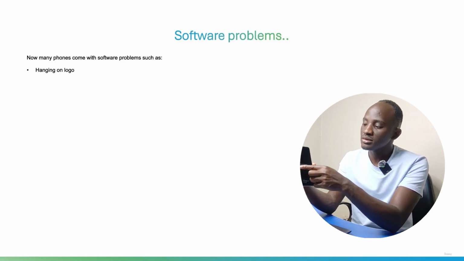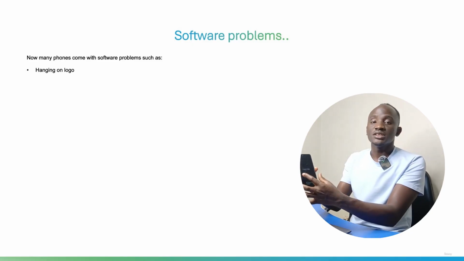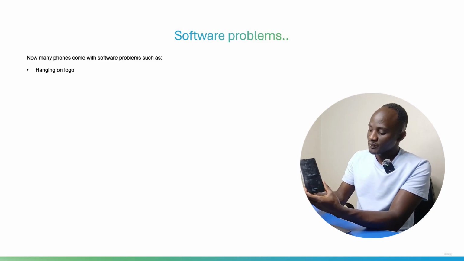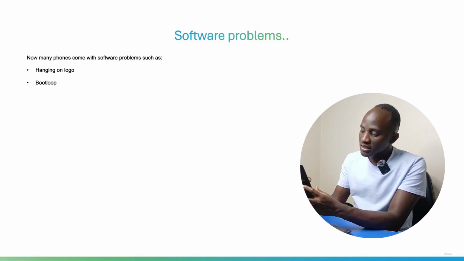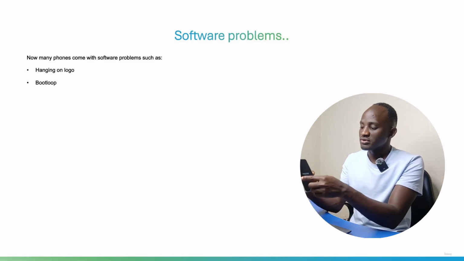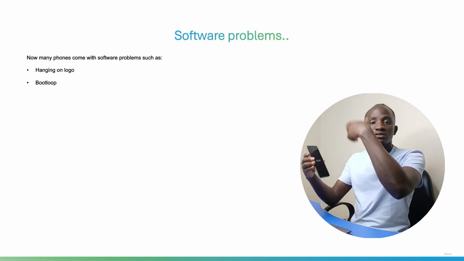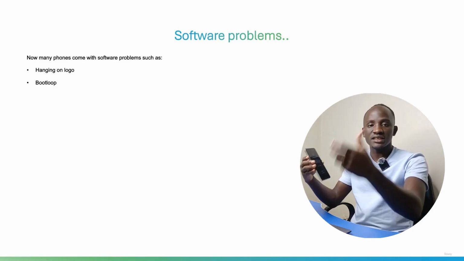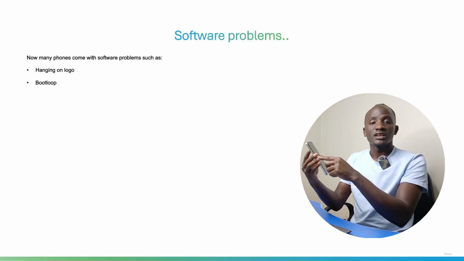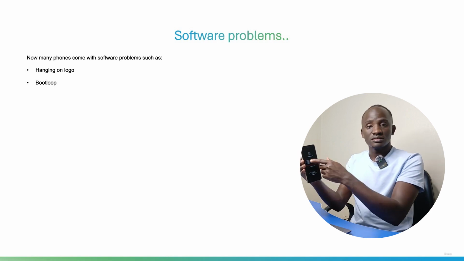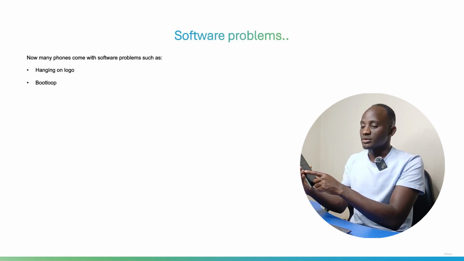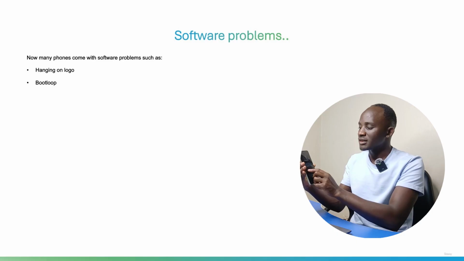Hanging on logo means it will stay on the word Tecno. If it's not hanging on logo, it may do a boot loop: the Tecno logo disappears and comes back, kind of restarting but stopping on the Tecno word. That is a boot loop and hanging on logo.